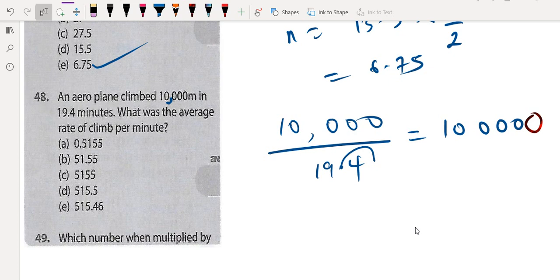If we move this by one place, we'll be having one more zero, right? Yes, sir. 100,000 over 194. So let's cancel. 2 can go.